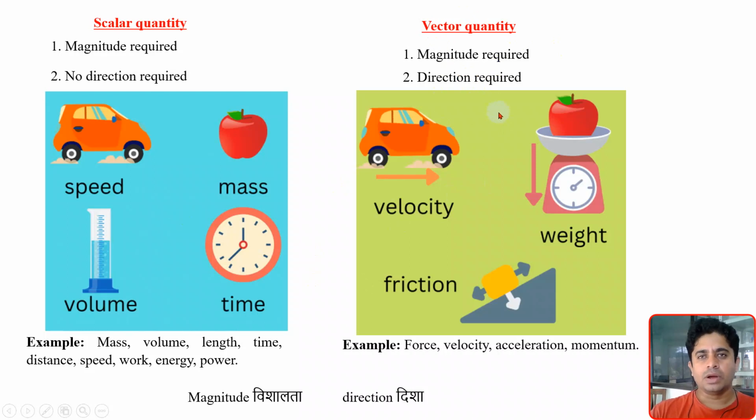A simple example of a vector quantity: if someone tells you to open the door and come inside, the first thing we will see is whether anything is written on the door, whether it says pull or push. We will check. If it is pull, we will pull it, and if it's push, we will push it, right?